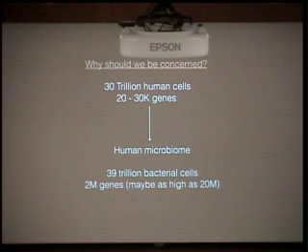So why should we be concerned? Well, it's interesting. We have about 30 trillion human cells. And any of the cells express, even though we have about 36,000 genes, between 20 and 30 at any one time, just for normal machinery. So if you look at the human microbiome, they have us outnumbered by about 10 trillion.